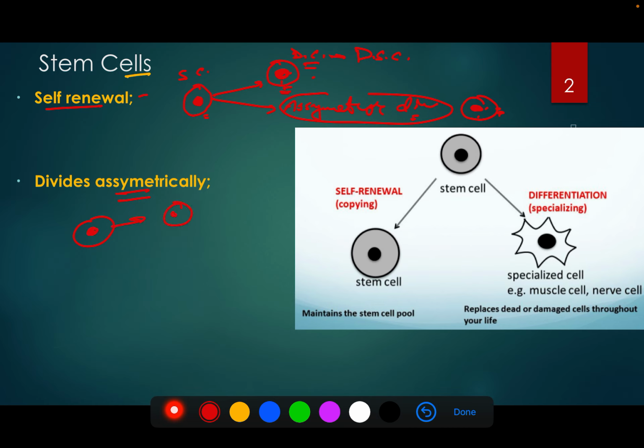One is self-renewal, this is my daughter stem cell. And asymmetric division, where the other cell it forms is bigger, larger than this one, and proliferates into the distinct cell. Is that okay? So what is this one? The stem cell. So the stem cell has two properties.